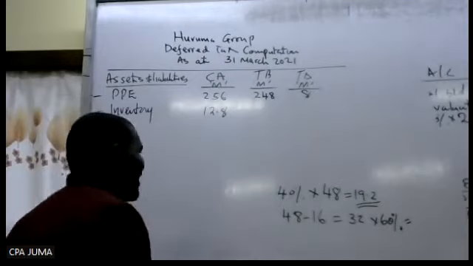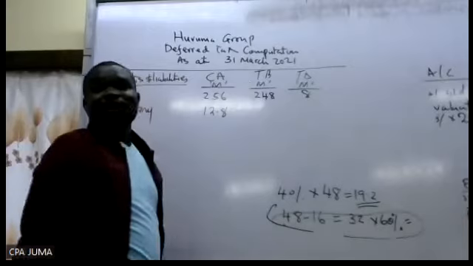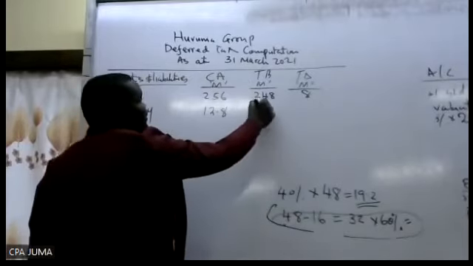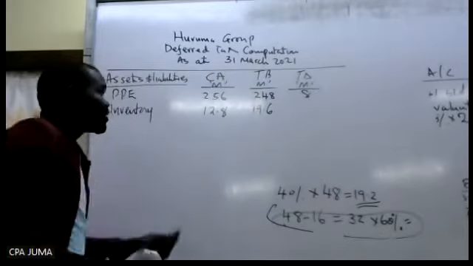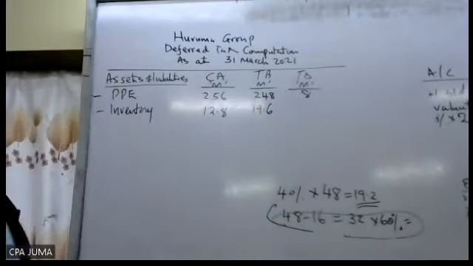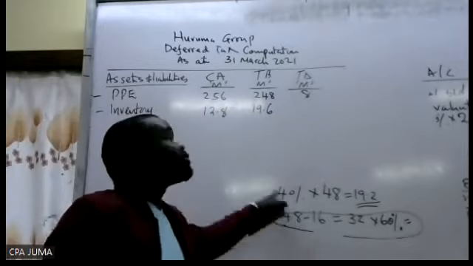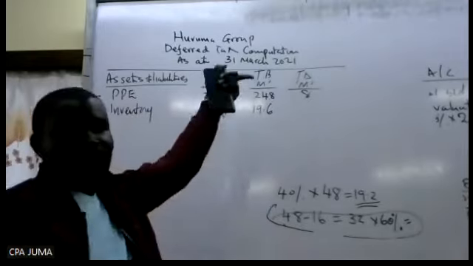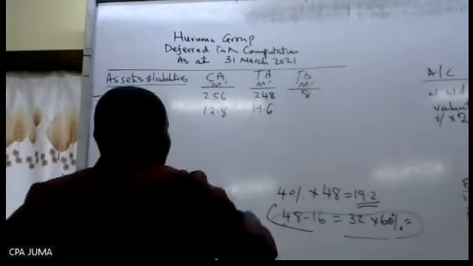But I think the best approach is this one. The cost is 19.2. You add back that unrealized profit. Actually, yes, even what you're saying is yes. You can get the 40% of the unrealized profit, then you add back. Yeah. That's 19.2, yes.